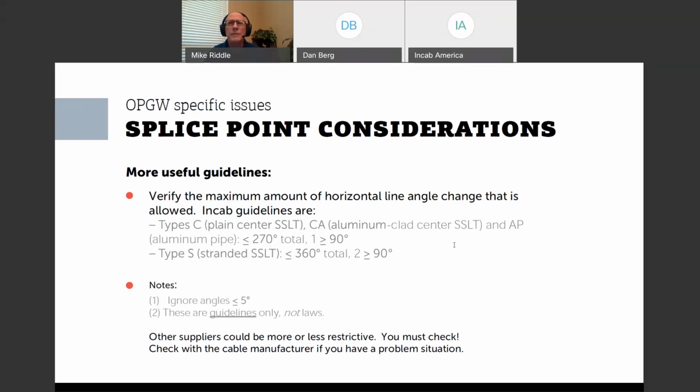So basically, yeah, it could affect it. If a cable manufacturer says my cable can't be installed above 40 degrees C, well then you can't install the cable above that. Other than that, it really wouldn't affect the pull.